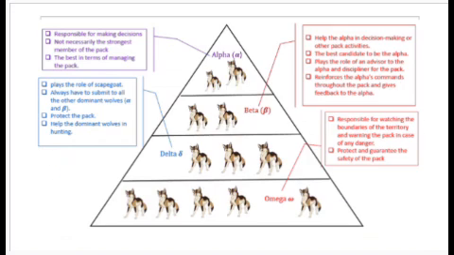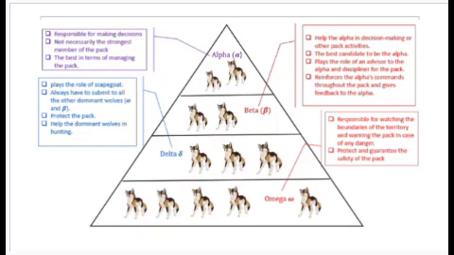The social hierarchy of the wolf plays a central role too. The pack is led by the alpha wolf, which is responsible for decision making but isn't necessarily the strongest one, just the best at managing the pack. Next is the beta, the advisor to the alpha and the most likely candidate to replace it. Below them is the delta, which handles tasks like protecting the pack, acting as a messenger, and supporting the dominant wolf.